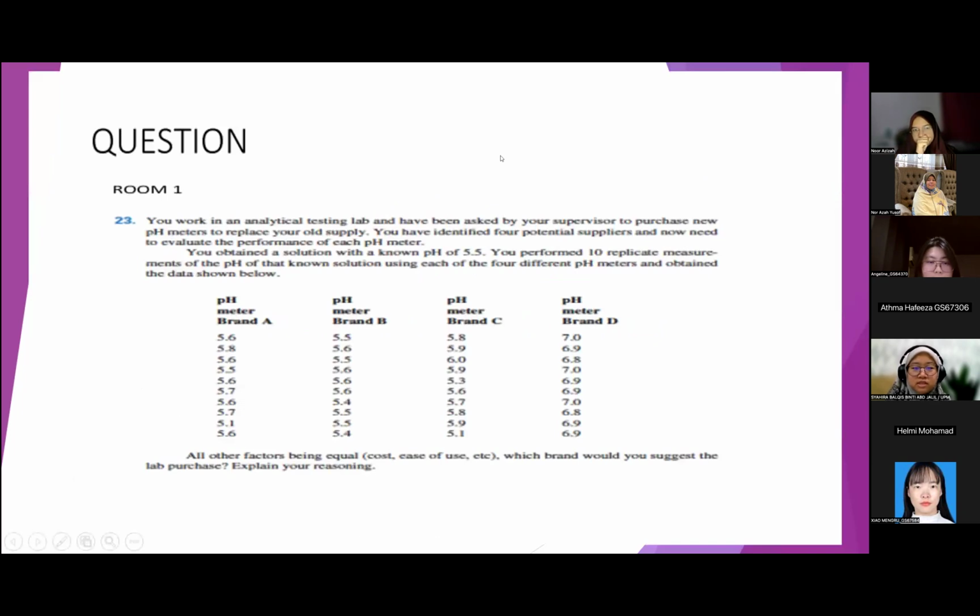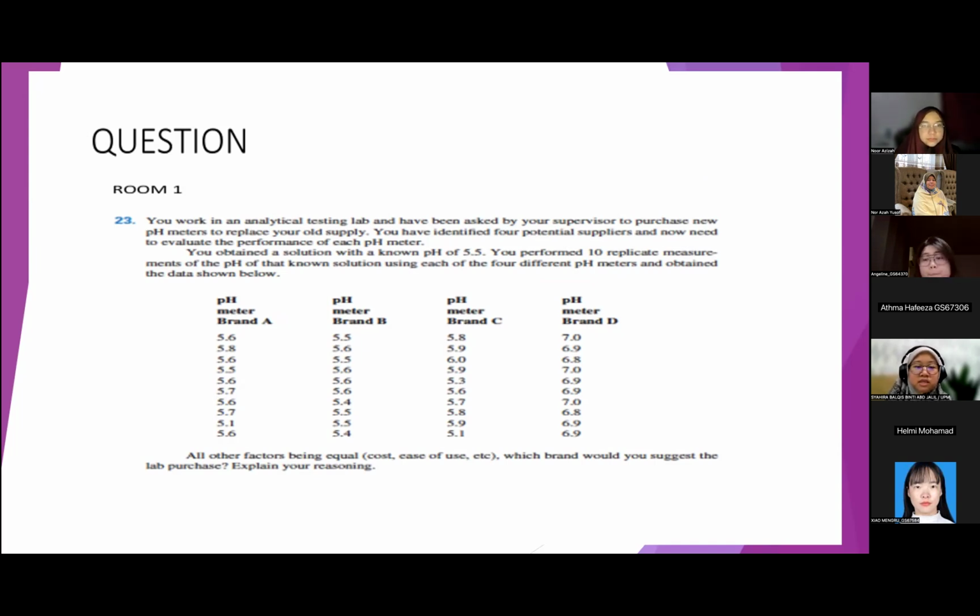So for the question that we got for group 1, basically this question requires us to do an evaluation to evaluate which method is the best for the lab to purchase. So we've been given a solution with a known value of 5.5, and also we have 10 replicate measurements of the pH of that known solution using four pH meters.